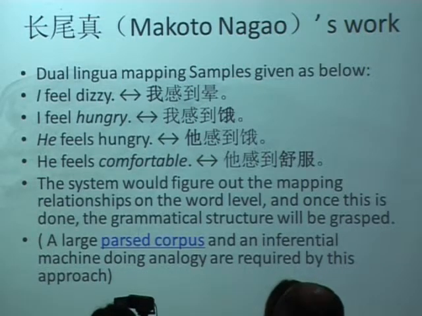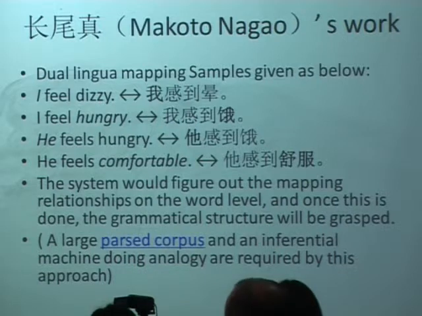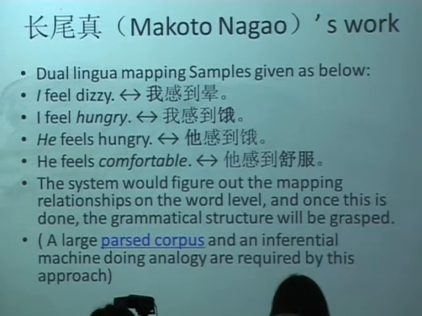Okay. But in order to do that, you need to have two different things at hand. The first is a large parallel corpus. For example, Japanese-Chinese, English-Chinese, English-Japanese, something like that. Corpus is very important. And an inferential machine, in order to acquire knowledge.